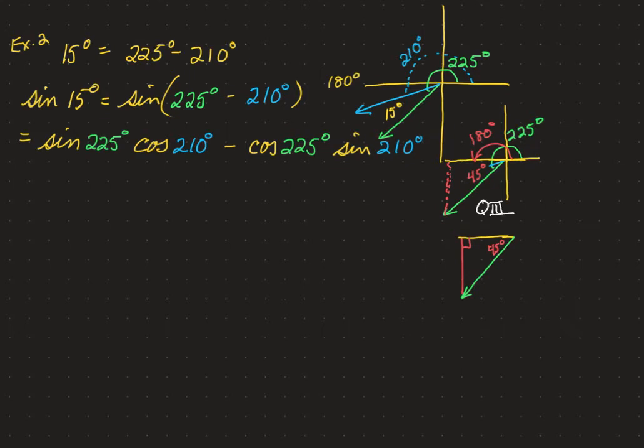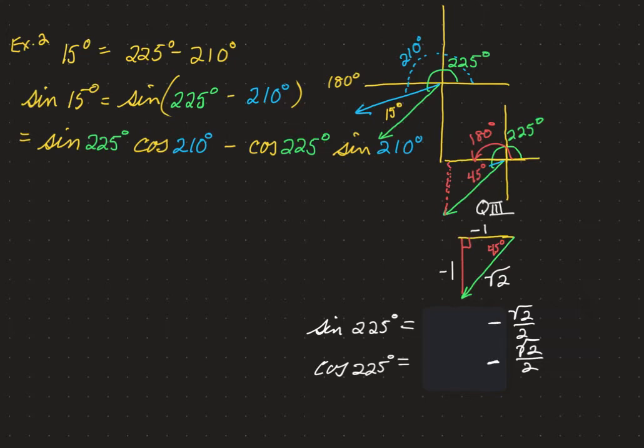So when we are writing the lengths of the sides, we're going in the negative direction for x. We're going in the negative direction for y. Your hypotenuse is always going to be positive. And you should remember that for a 45-degree angle, both the sine and the cosine are the square root of 2 over 2. Remember, this is the reference angle for 225 degrees. So the sine of 225 degrees equals the square root of 2 over 2.